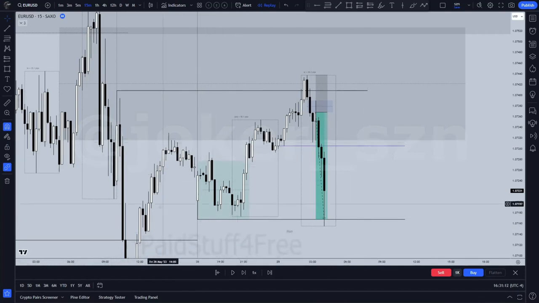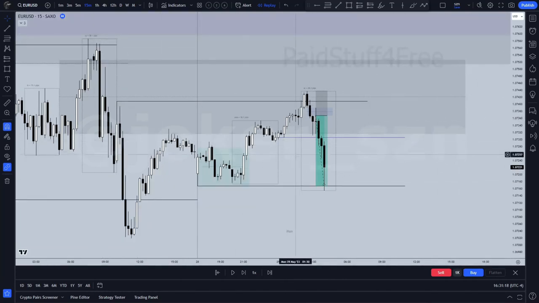So to sum it up again, we have a daily bearish bias, right? We have step 2, actually step 2 the bias, but step 1 the trading conditions, right? We have determined them.